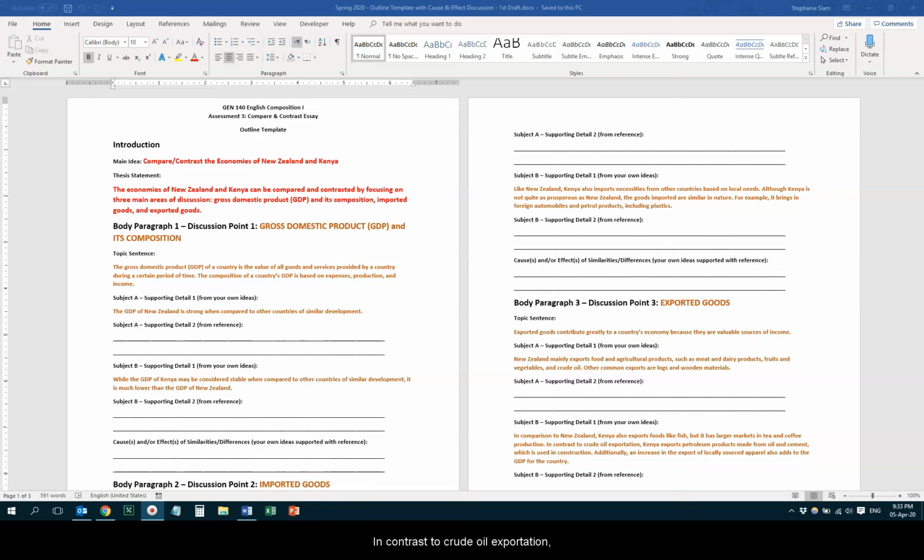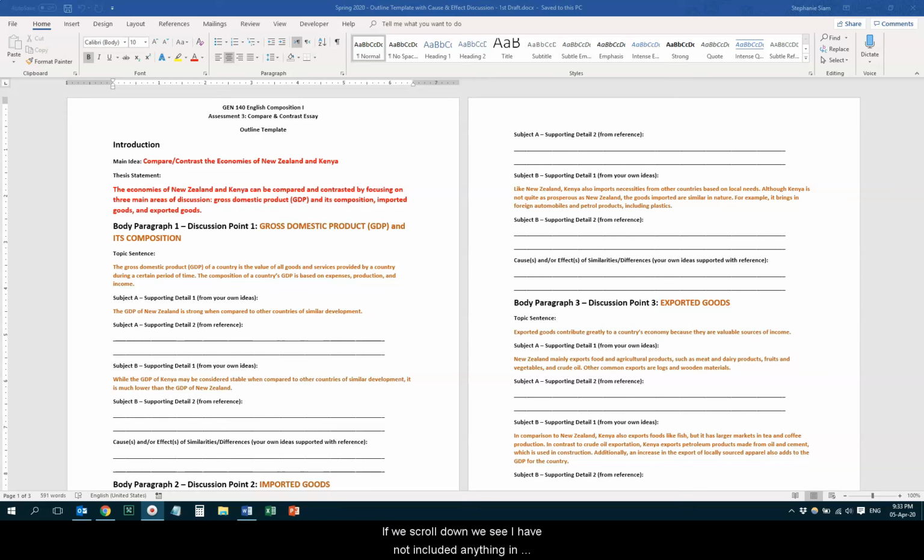In contrast to crude oil exportation, Kenya exports petroleum products made from oil and cement, which is used in construction. Additionally, an increase in the export of locally sourced apparel also adds to the GDP for the country.